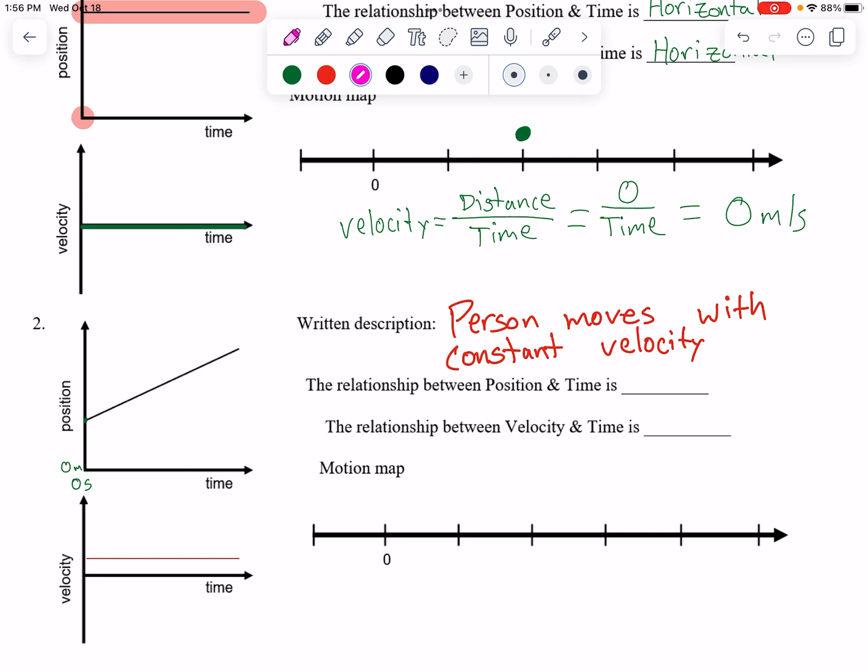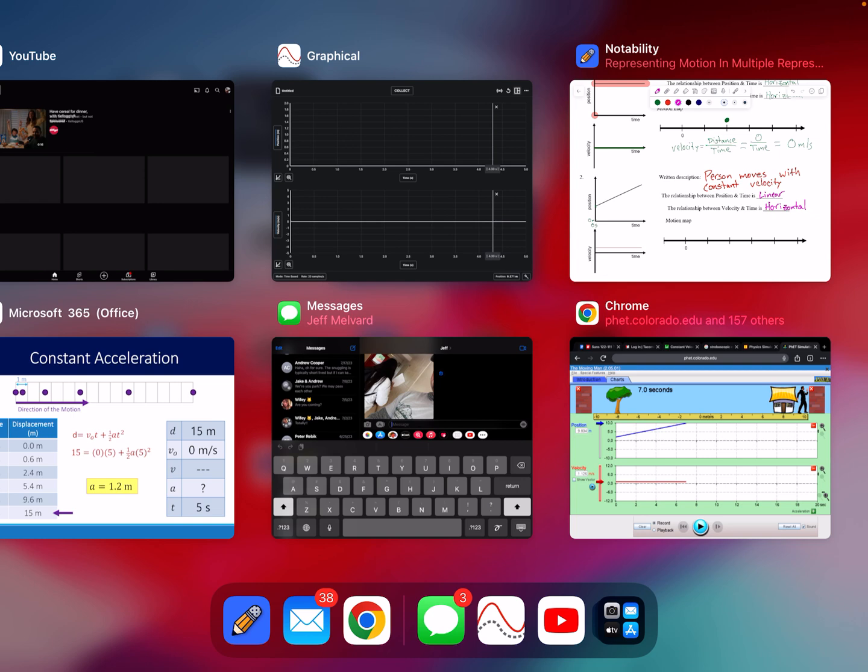All right. So for our position time graph, we look at the line. It's linear. And for velocity, it's still horizontal because our object was not getting faster. It was not getting slower. It was staying constant.